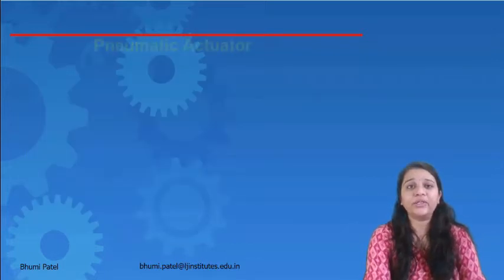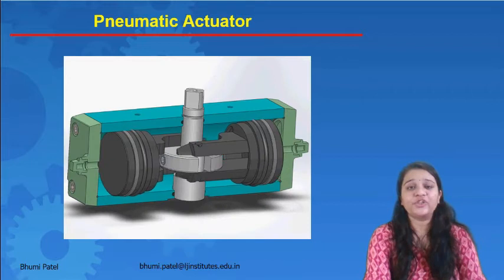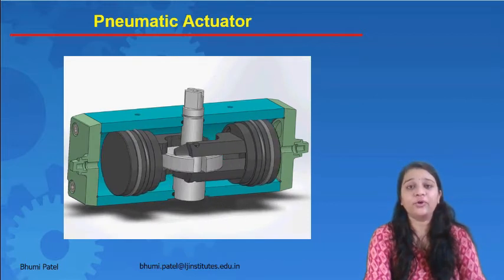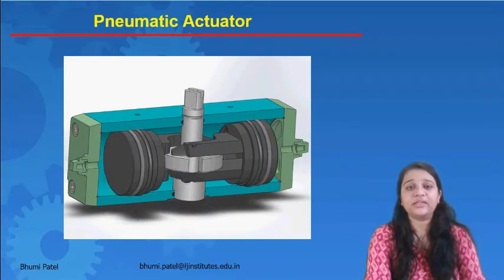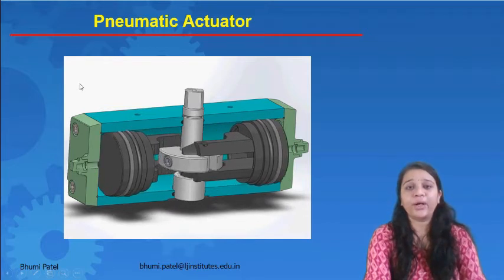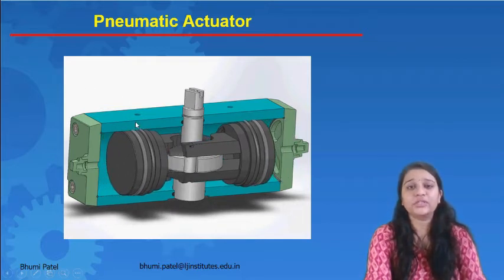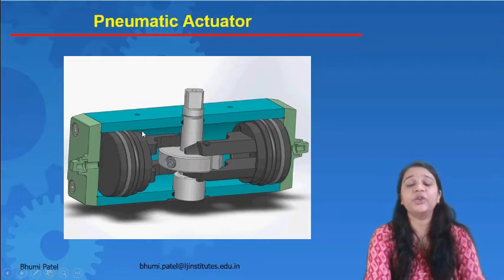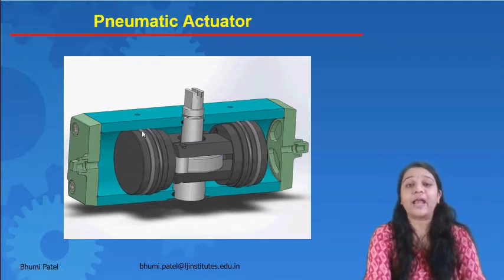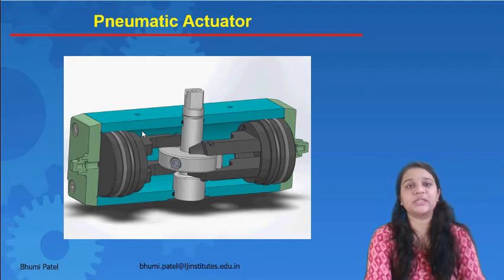So depending upon the application, the pneumatic actuator will open and close. Here you can see in this diagram the fully open and fully closed conditions. Using the pneumatic actuator, we can also regulate the flow of this system.